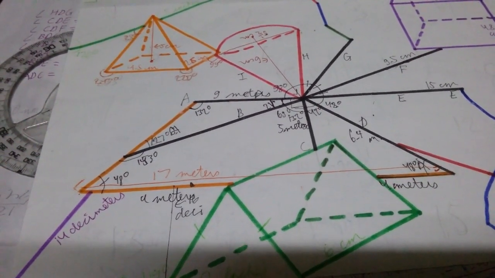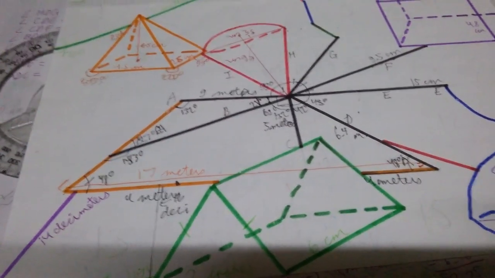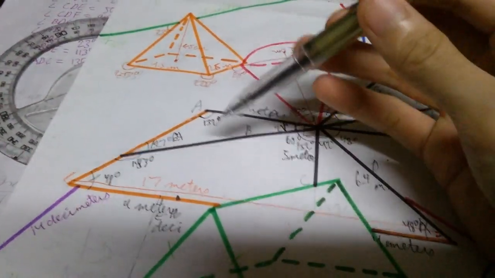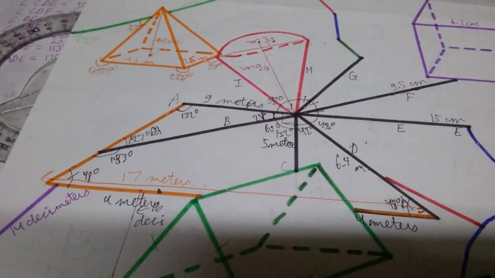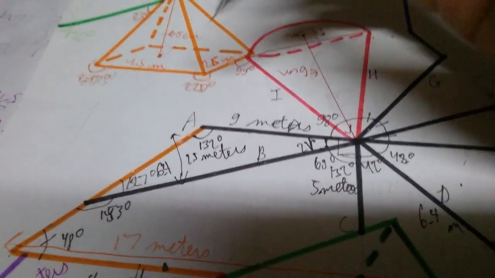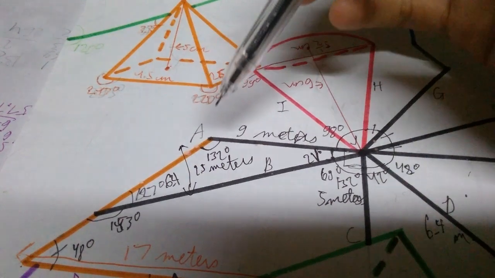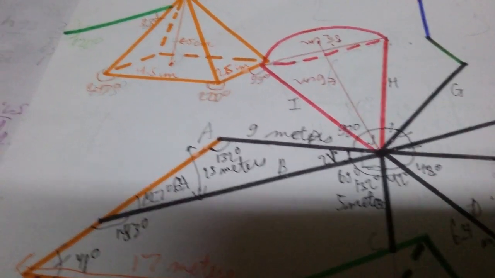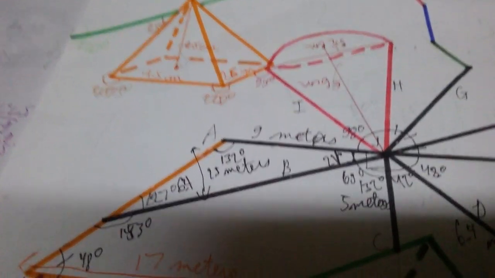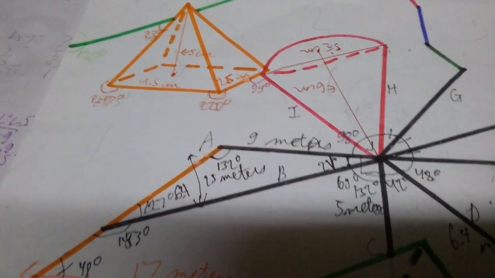Kaya lang, since the height of the triangle here is not given, where can we get the height? We can get the height from here. But since the height's not given, I think I'll just draw it for you. So yan, the height's already given. The height is 2.5 meters. So 2.5 meters times 9 is equivalent to 22.5 square meters. And divide by 2, you should get, yan.